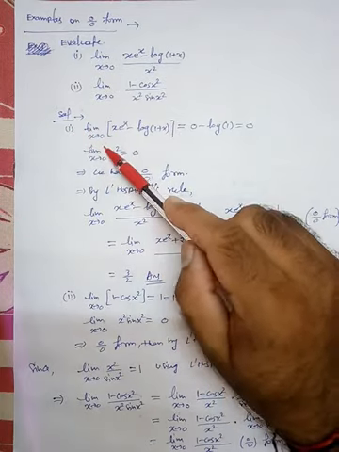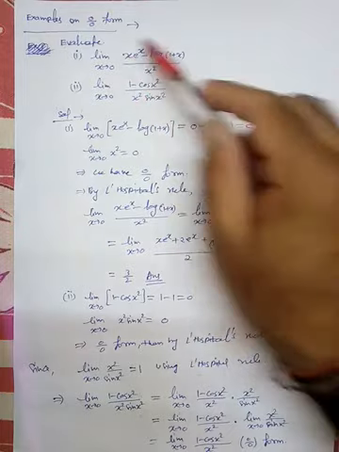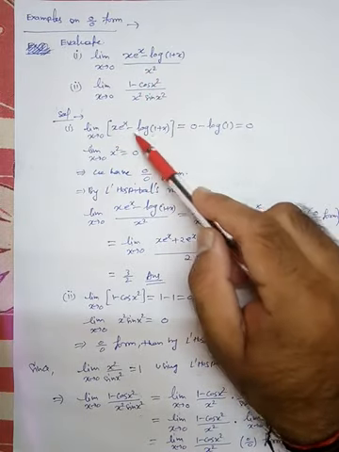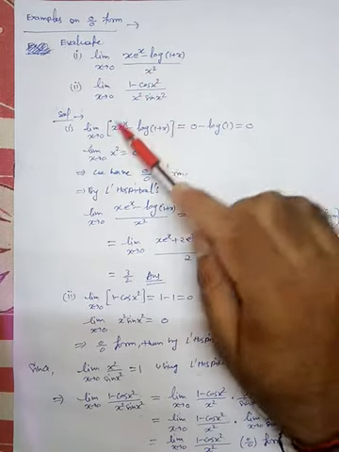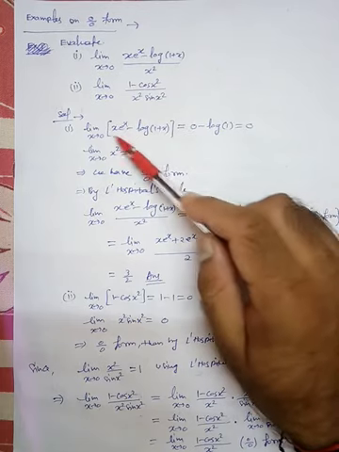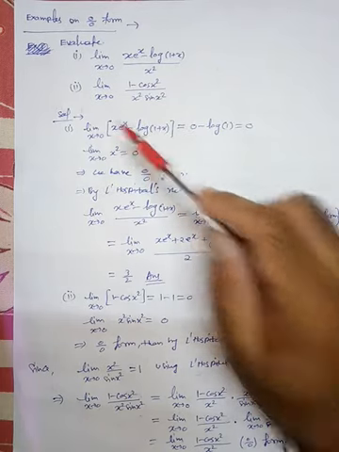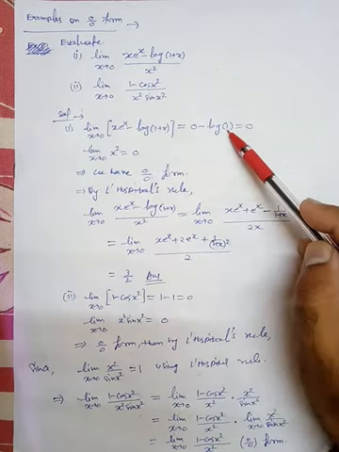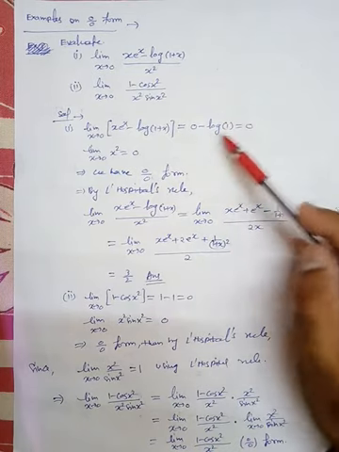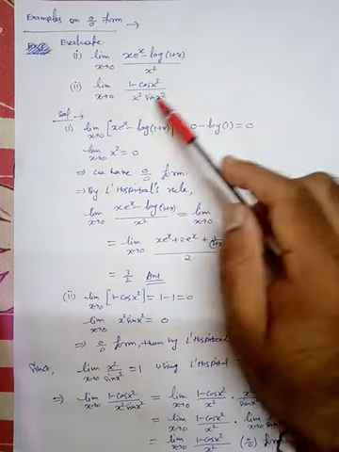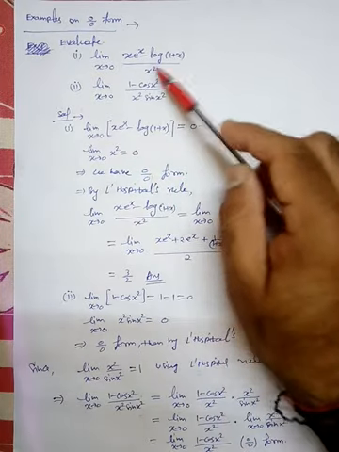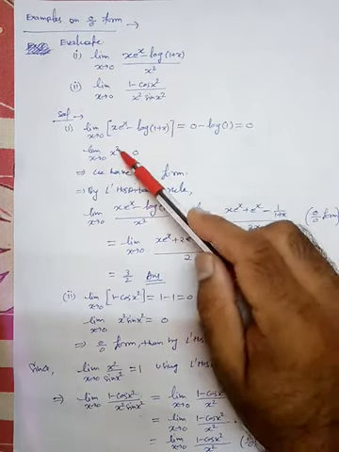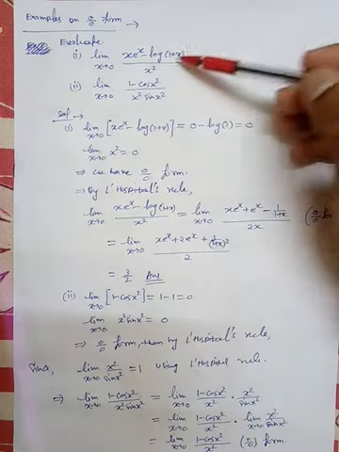First I am writing the numerator part, x e^x minus log(1 plus x). When you apply the limit, you get 0 from x e^x, 0 minus log(1 plus 0), that means log 1, which is also 0, so 0 minus 0 is 0. Now the denominator: x square is 0. So ultimately we have the 0 by 0 form.